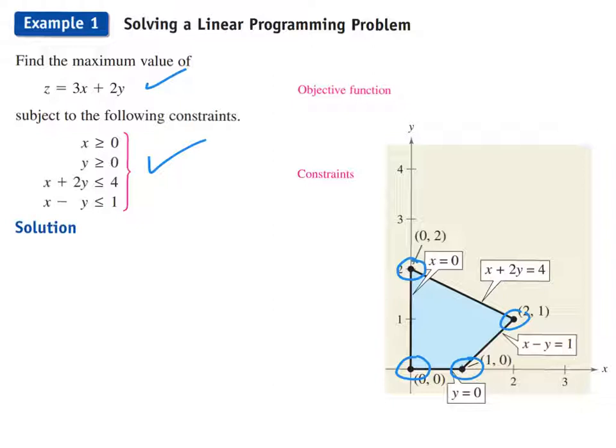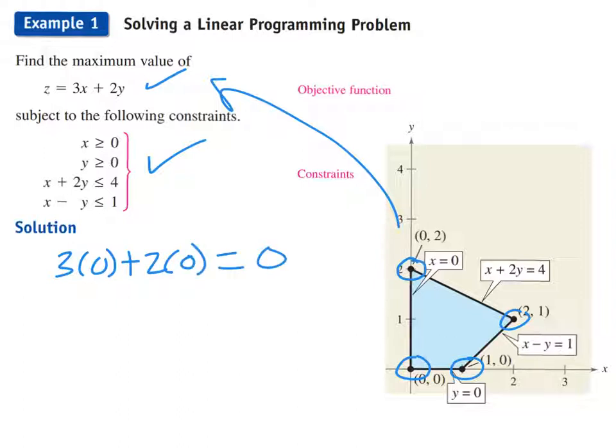Okay, so I go and take those and I go to my objective function and I test them. Okay, and I'm looking for the max. 3 times 0 plus 2 times 0. Something tells me that's not going to be my solution. Then I go up to 0, 2. 0 for x. Plug in 2 for y. Okay, there's our new leader.